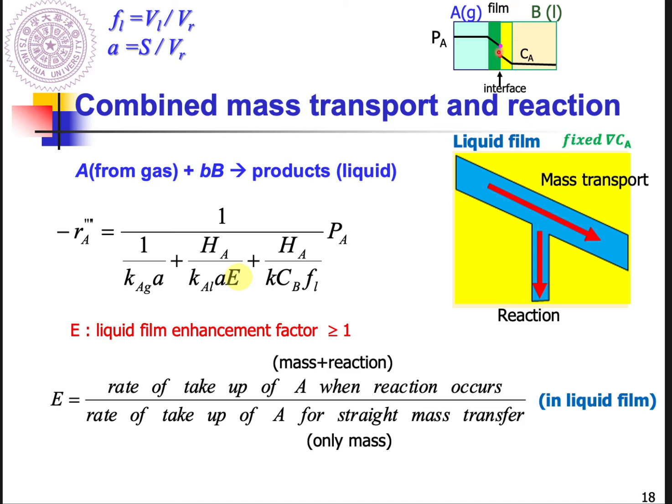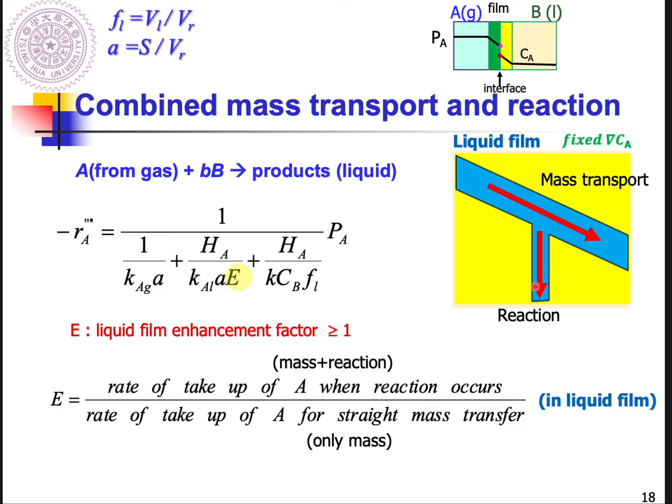As long as we fix the concentration gradient at the two ends of the layer, the flux is fixed.